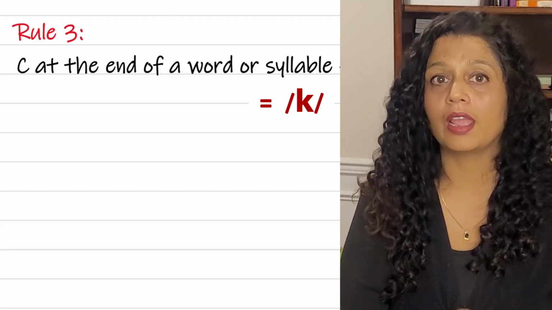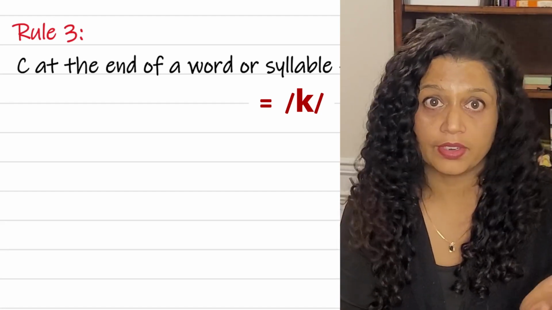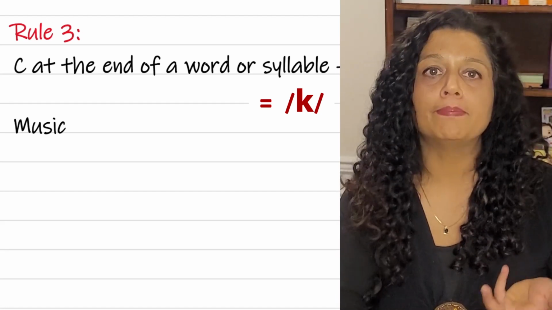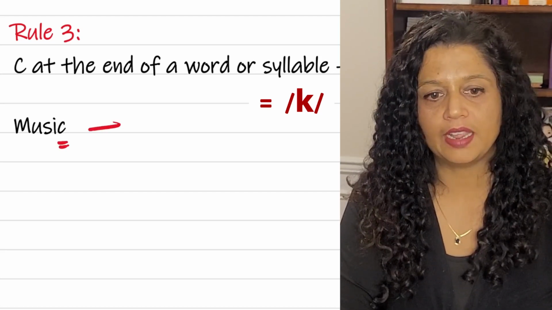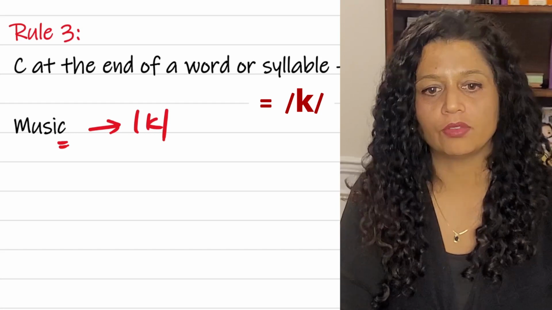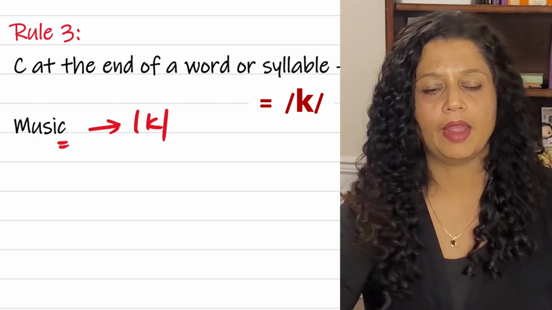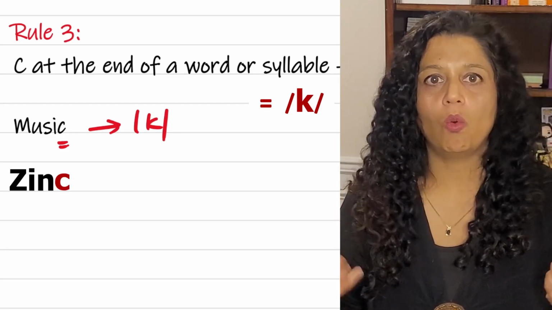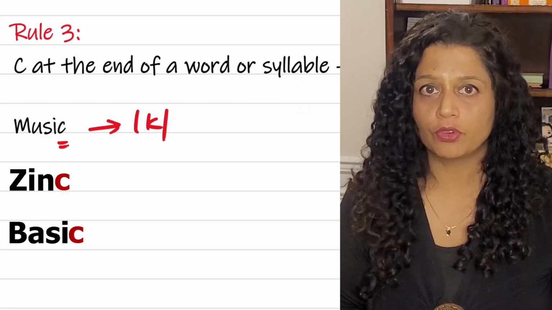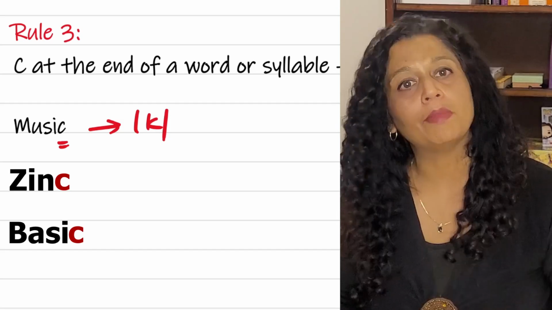Right now, we're going to look at words that end with the letter C, okay? In a word like music, it ends with the letter C, hence it makes the K sound, music. All right. Another example of that would be a word like zinc or basic. In all of those words, it ends with the C and makes the K sound.